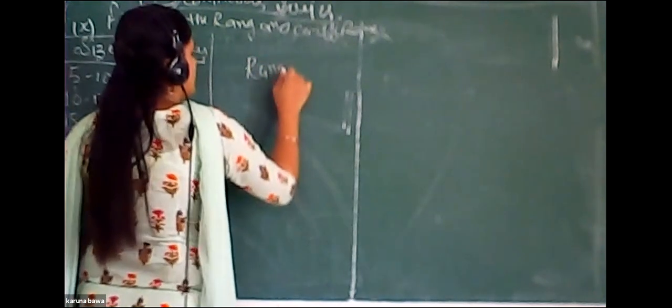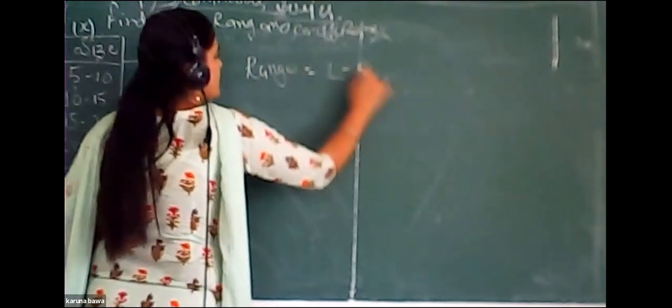So after this, we find out the range, L minus S. First of all, find out the largest value in the x series. The largest value in the series is 30 and the smallest value is 5.